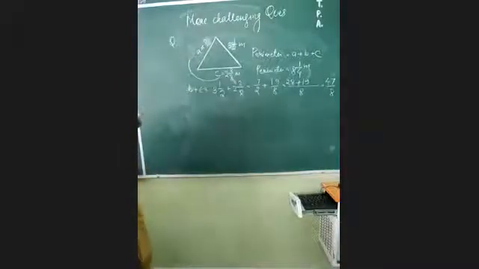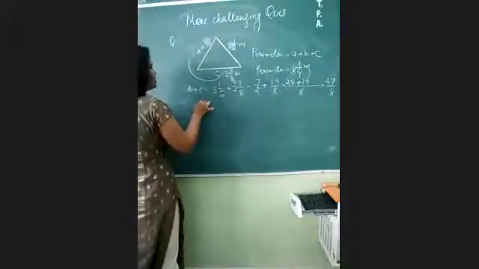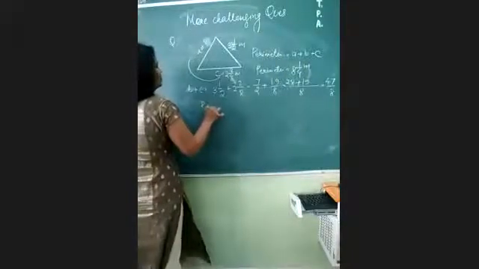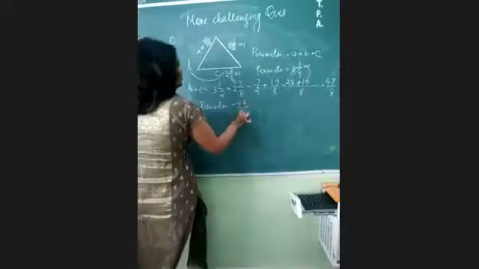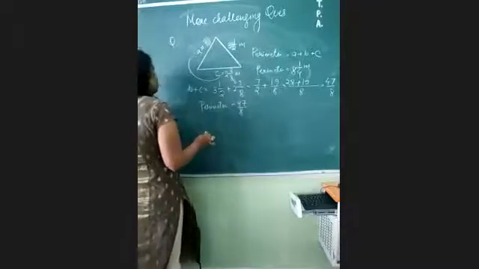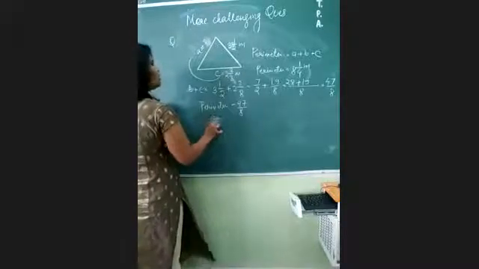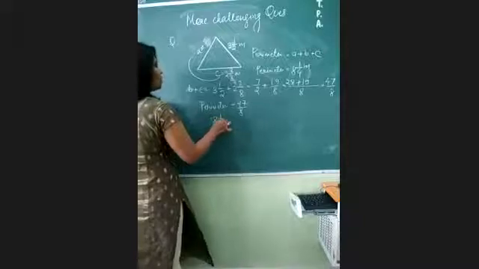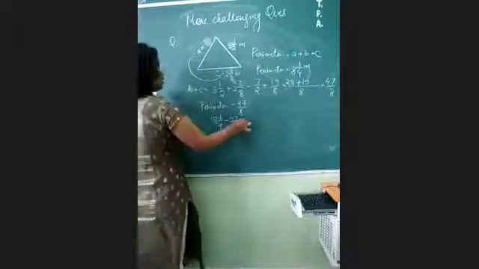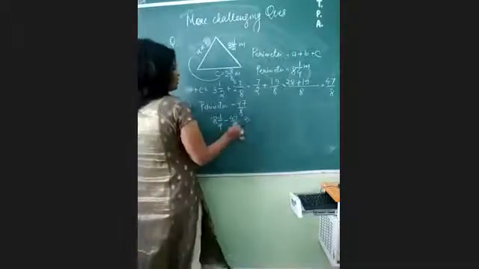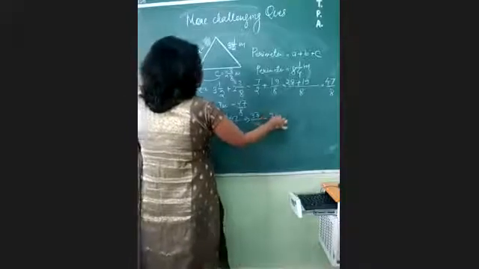47 upon 8 when you add it, and then you have to subtract from the perimeter. What is the perimeter now? 8 whole 1 by 4 minus 47 upon 8. The same process as you did in the earlier one. 33 upon 4 minus 47 upon 8.